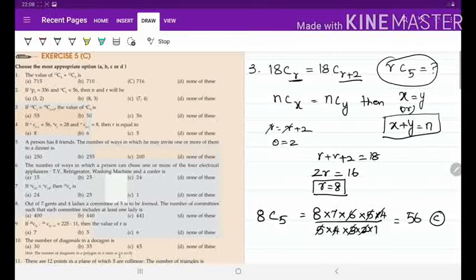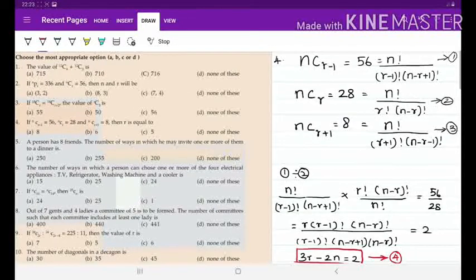Now let's discuss question number 4. If nC(r minus 1) is equal to 56, nCr is equal to 28 and nC(r plus 1) is equal to 8, then r is equal to. This is the question.